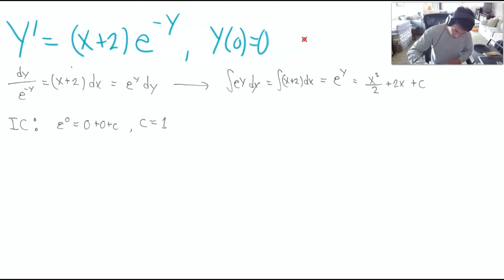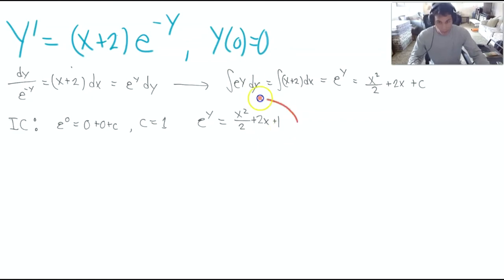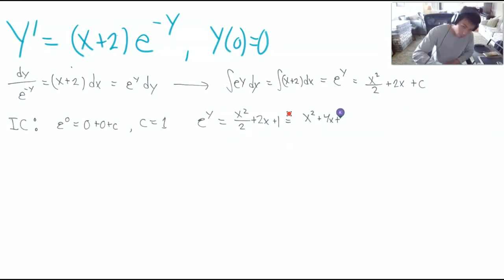So now I can rewrite this as e to the y is equal to x squared over 2 plus 2x plus 1. And I'm going to put this whole side as one big fraction, so that will be x squared plus 4x plus 2 all divided by 2.